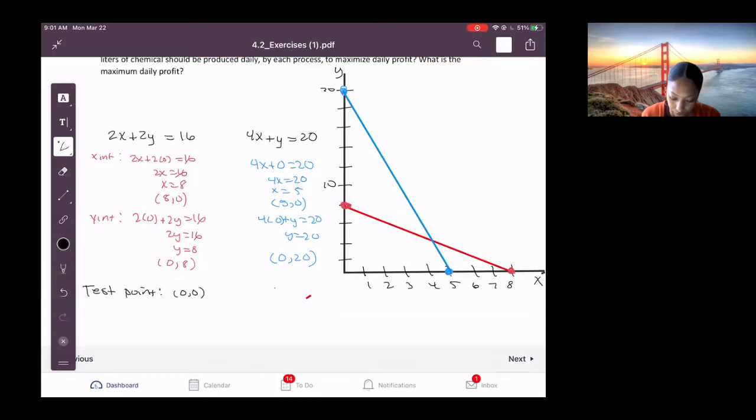So we have 2 times 0 plus 2 times 0 is greater than or equal to 16. That's false. And 4 times 0 plus 0 is greater than or equal to 20. That's also false. What does this mean?